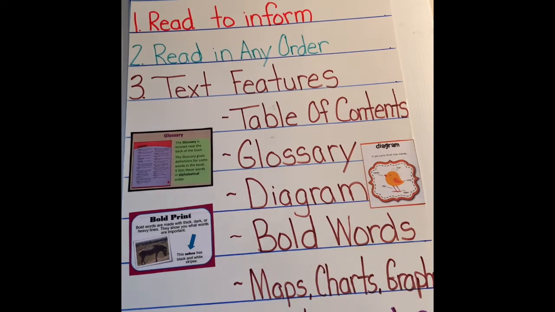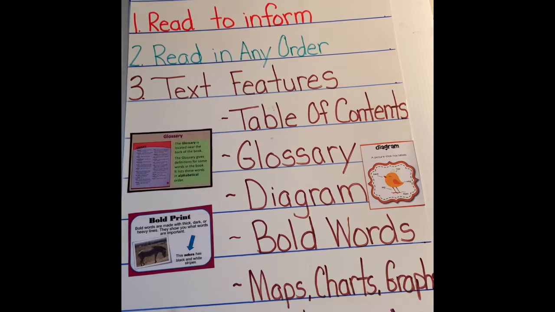We might have some bold words. Those are words that really want to stand out, very important words. We might also have maps, charts, and graphs. And every story has an author, and even a nonfiction story has an author. And what's unique about a nonfiction story, most of the time, is real pictures.